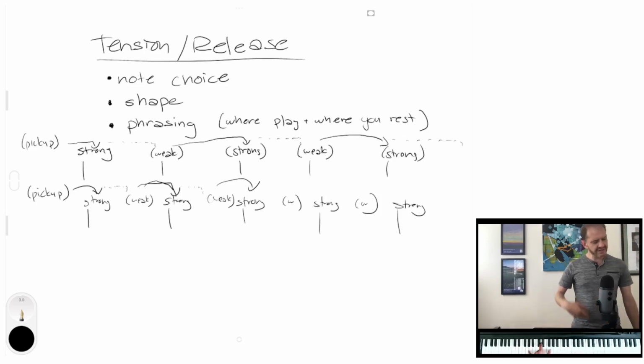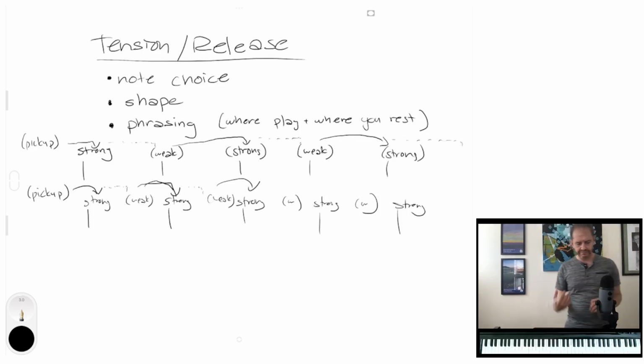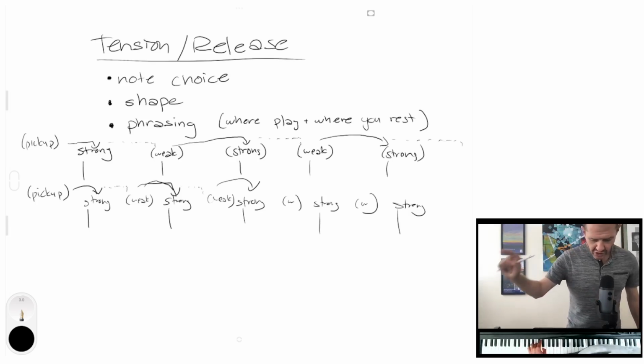Now notice that one didn't end exactly on the strong beat, but we don't want all the phrase endings to be the same. But when we do think about that opening of So What, we're ascending, we're aiming for the strong beat, and we're aiming for the root.